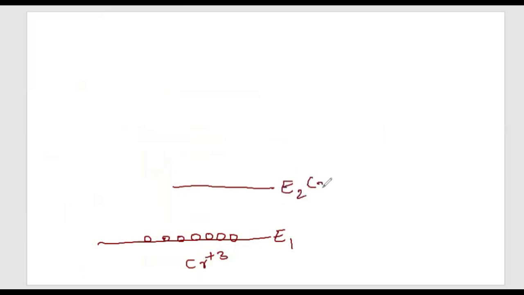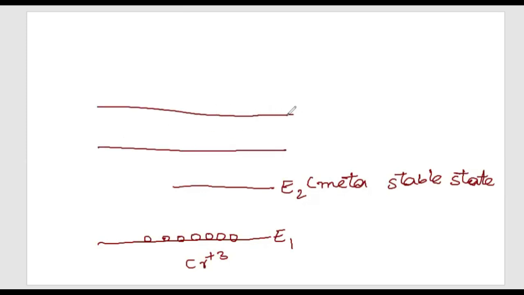I will draw the energy level diagram and show you. So this is E1, which is the ground state where there are more atoms. Remember, here chromium ions will be excited to the higher energy levels. E2 is our metastable state, and then our atoms will move to two higher energy levels.